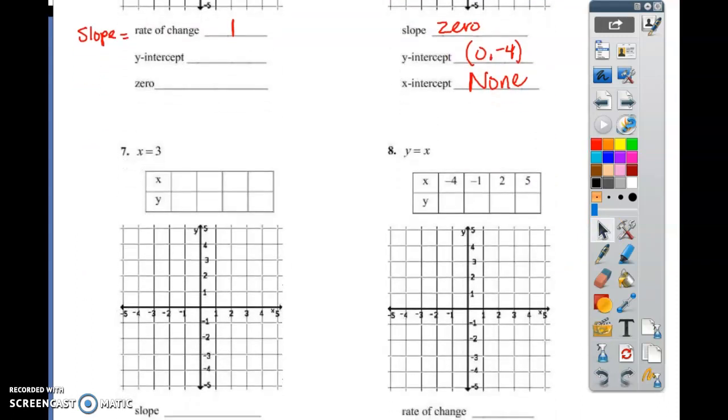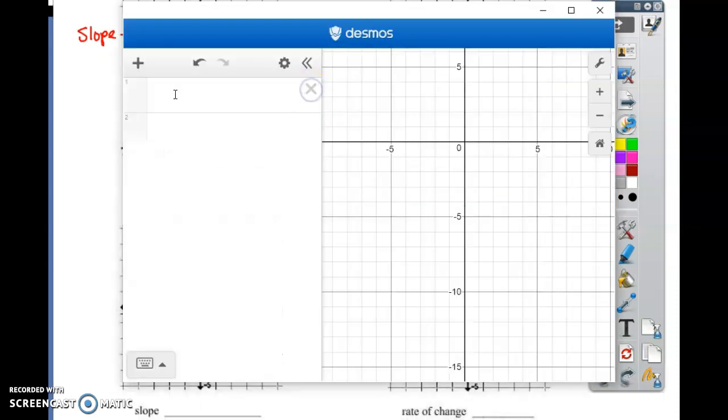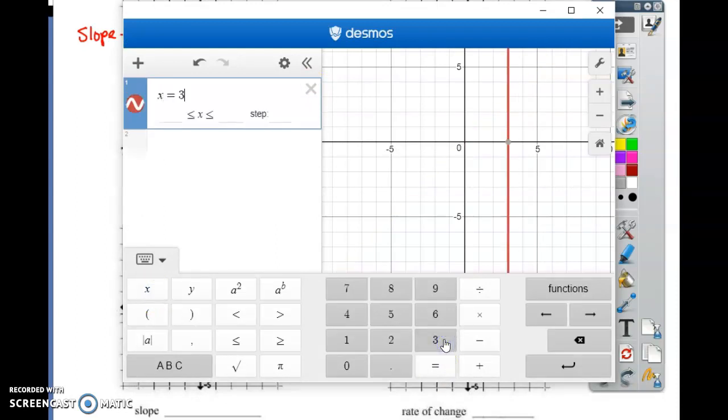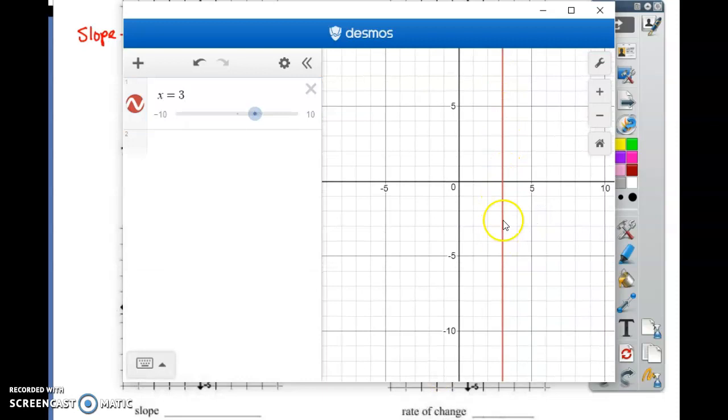If you graph that one, x equals 3. Now it looks like this. This is a vertical line. That type of slope is undefined slope. It's on my wall on the left side. This is called undefined slope.